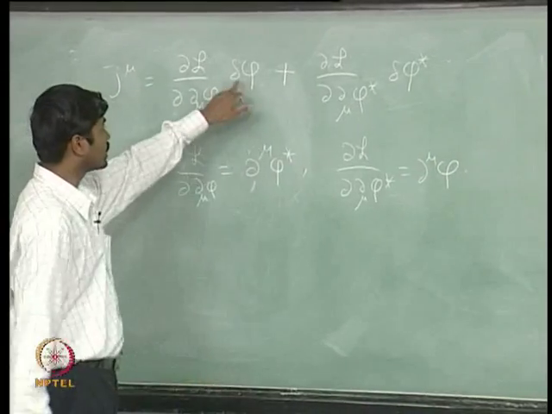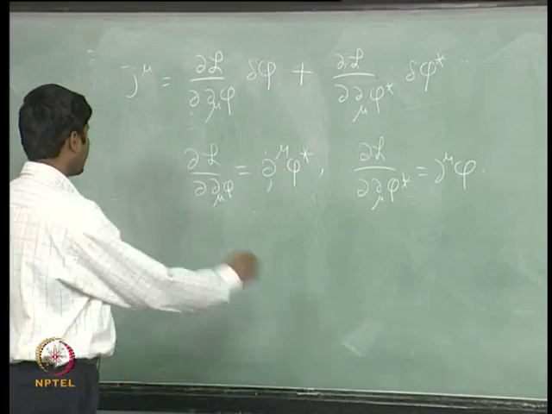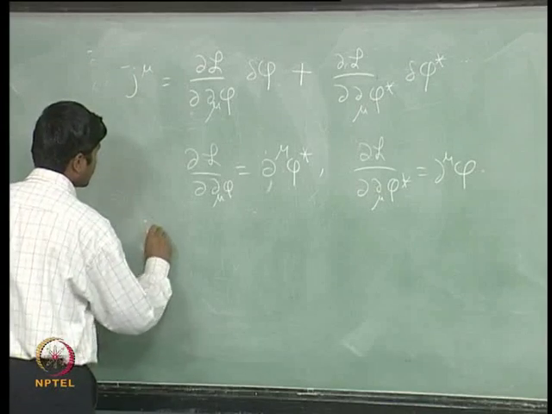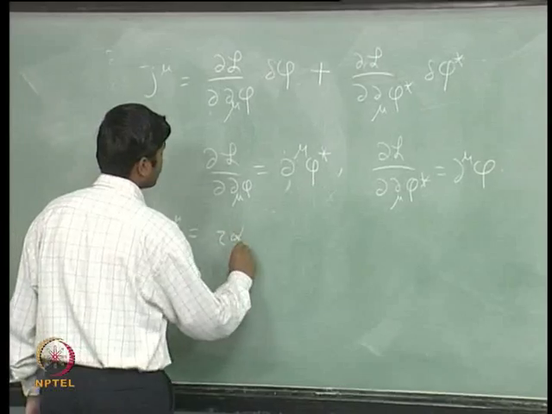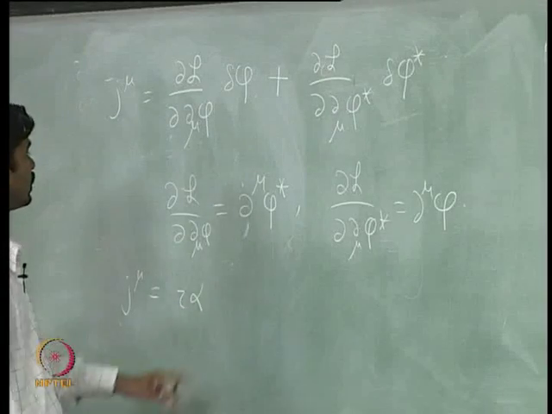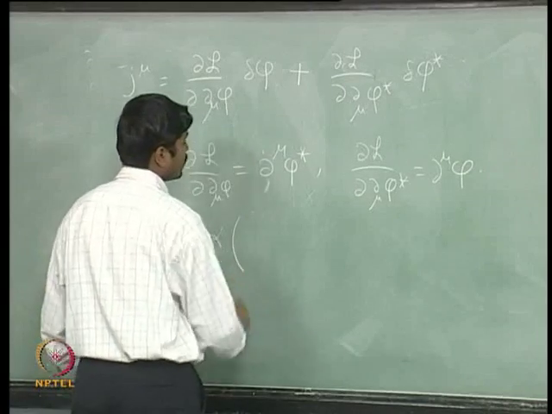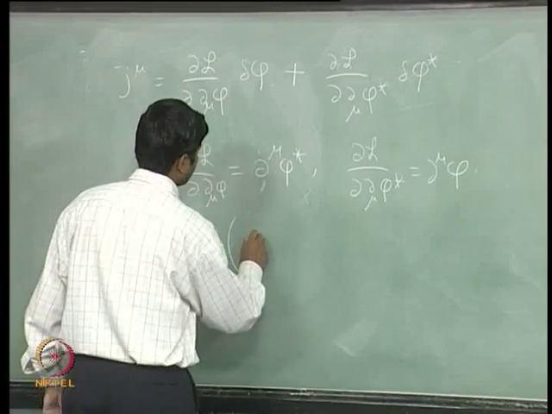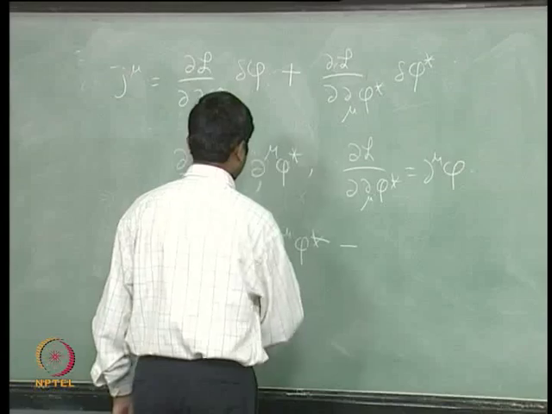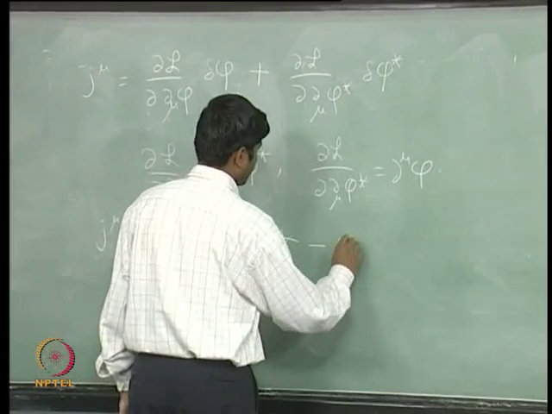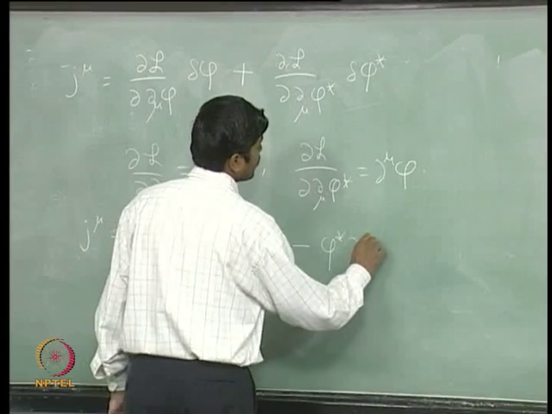So, I will substitute this and also the expression for delta phi. Then what I see is J mu is equal to i alpha times phi del mu phi star minus phi star del mu phi.